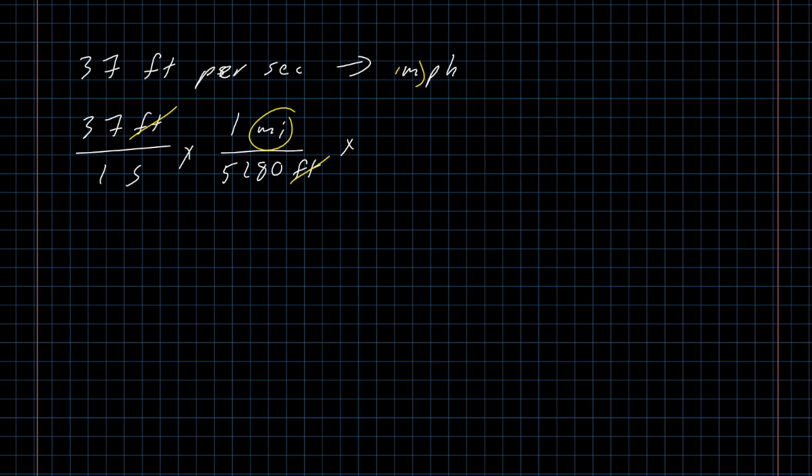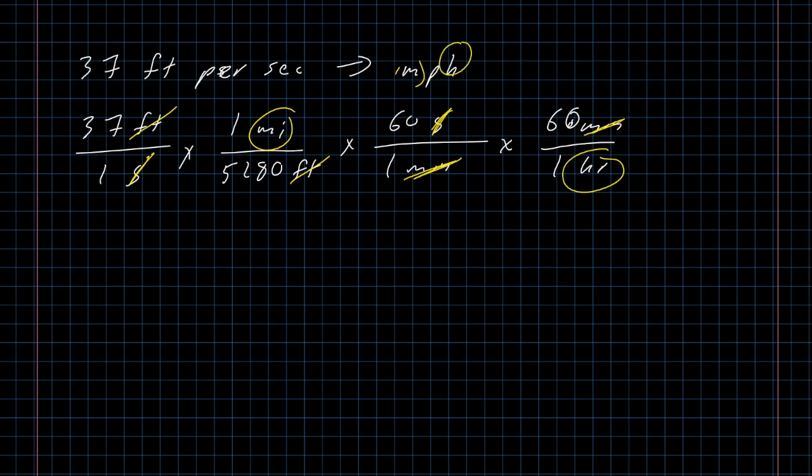Sorry about that. I know that 1 minute is 60 seconds, and there are 60 minutes in 1 hour. And if I set it up in that orientation, the seconds here cancel out the seconds there. The minutes here cancel out the minutes there. I'm left with hours in the denominator, which is what I know I needed.